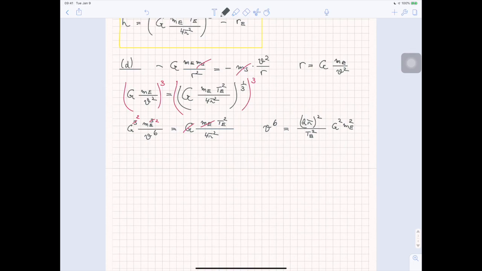Now take both sides to the power of 1/6. 2 divided by 6 is 1/3, so v equals 2 pi divided by Te times G Me, and the whole expression to the power of 1/3. All right.